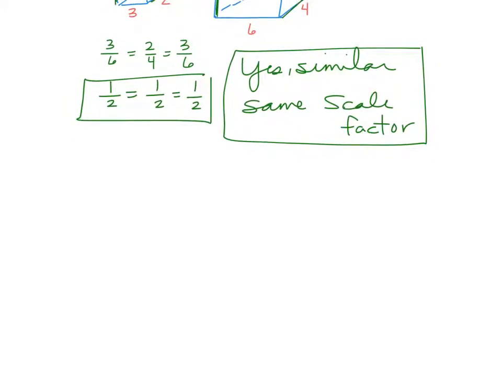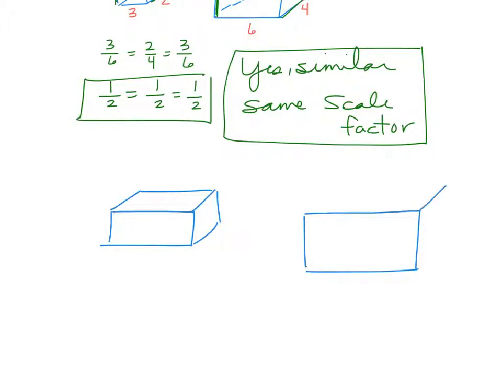So how about these ones? If this is 2, 3, and 2, and this is 3, 6, and 3. Are they similar? I doubt it.